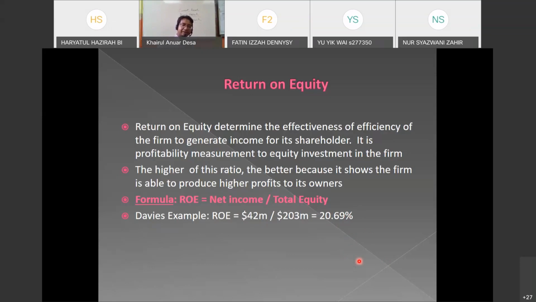Hazirah. Yes. Syarikat kita ROE bagus ataupun tidak bagus? How about our ROE, our company? If the return is 20.69%. I think good.